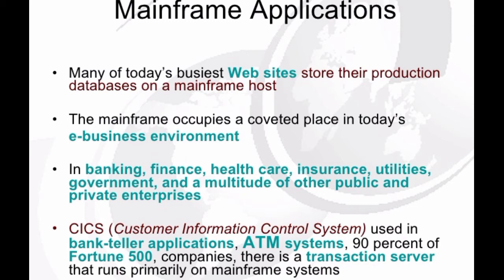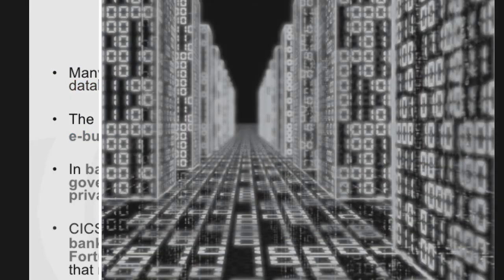Customer Information Control System is used in banks, dollar applications, ATM systems, and 90% of Fortune 500 companies. There are transaction services that run primarily on mainframe systems. That is, they all come under mainframe applications. Mainframes play their role in these departments.